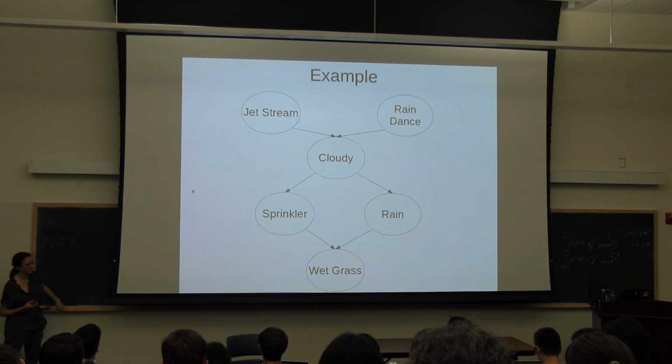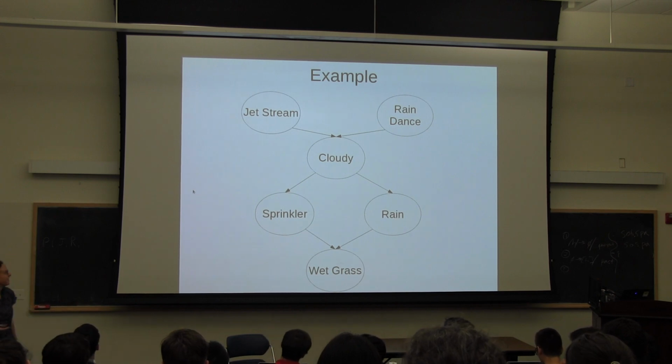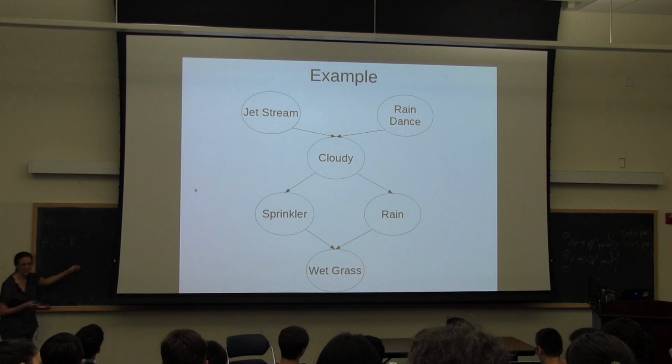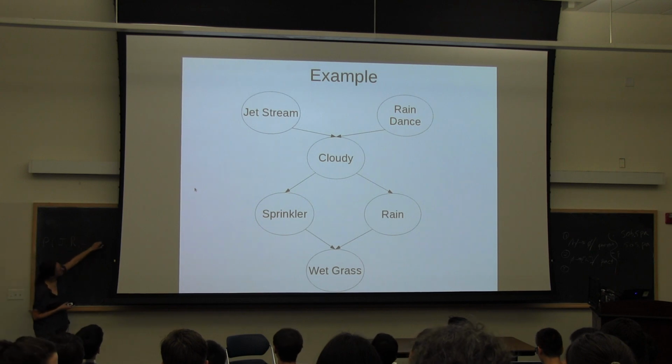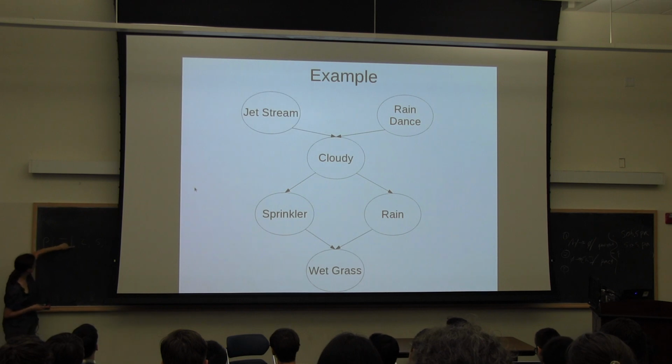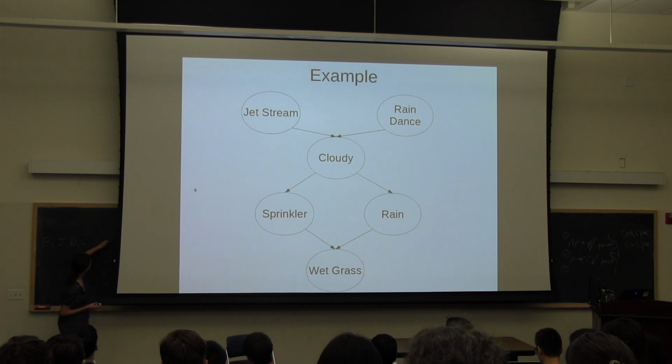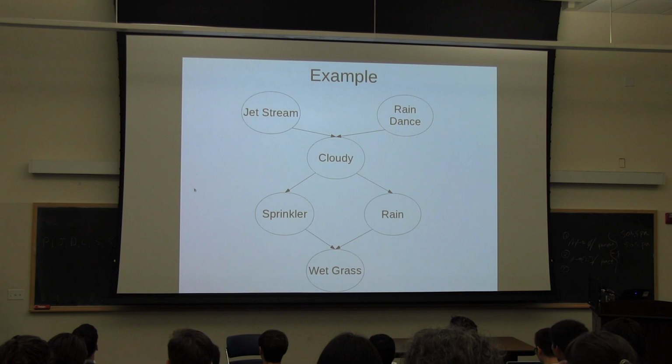What else? J, for jet stream. What else? C, for cloudy. Let's call that D for dance. Then we can have R for rainy, and W for wet grass. I'm just making up variable names, of course.